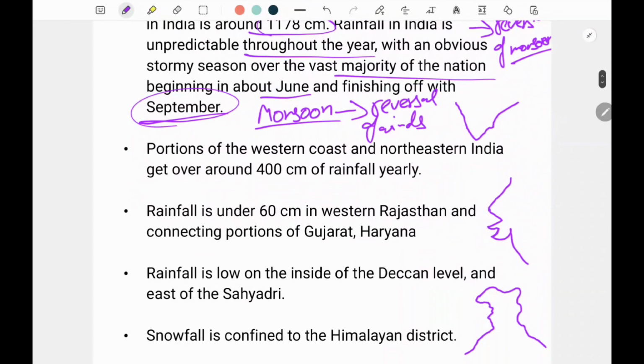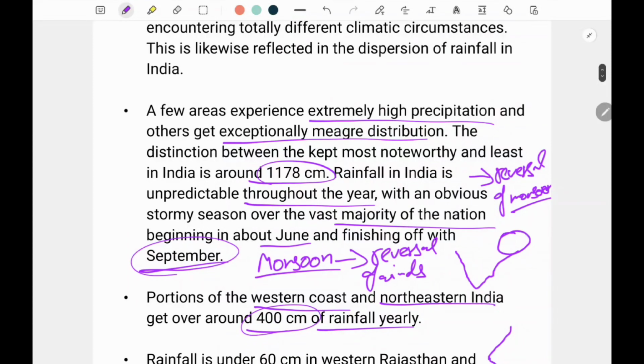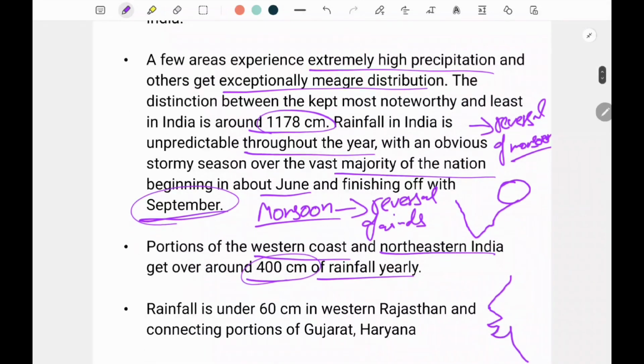Portions of the western coast and northeastern India get around 400 centimeter of rainfall every year. This northeastern region most of the time gets more than 400 centimeter of rainfall. Again, the reasons are the climate, the topography, the geography and the greenery there.